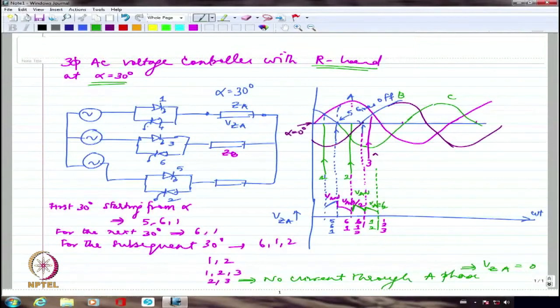If the voltage goes negative, still I am going to have the device to be forward biased. So if the device is forward biased, I am essentially going to see that even after, for example, here we said 5 will stop conducting once I have the C phase voltage start going negative. But 5 will continue to conduct even after the C phase voltage goes negative. Right?